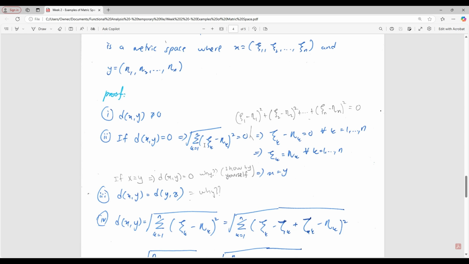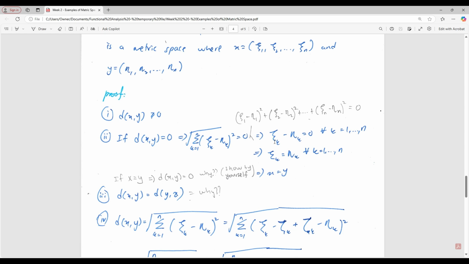So of course for the square root to be equal to 0, everything inside the square root has to be equal to 0. So we will get summation of a positive number equal to 0. As in my explanation before, the summation of positive numbers equal to 0 means that each of the terms in the summation must be equal to 0.